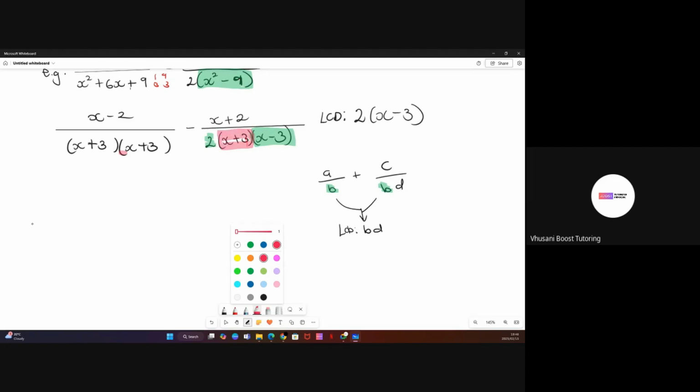So let me highlight it. So I can only select one other x plus 3 in order to match it. So I'm selecting this x plus 3 in order to match it as well, right? So these two x plus 3 that I highlighted, we'll count them as just one x plus 3, right? That's why I'm gonna write down one x plus 3 over here.